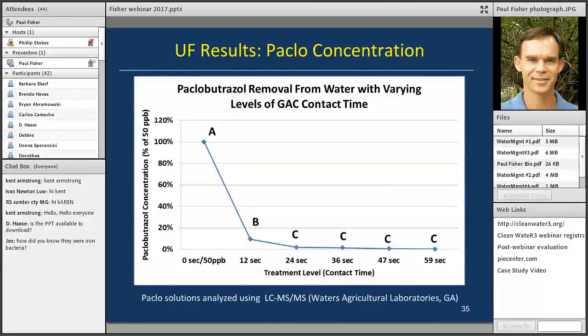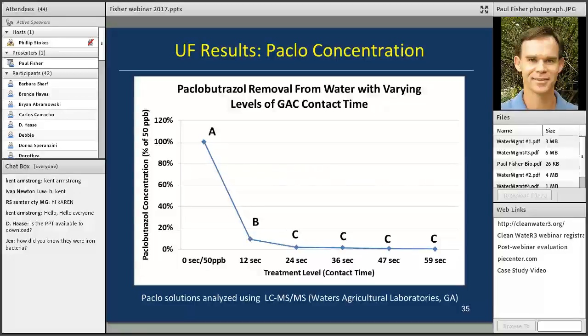Here we've got a graph with the percentage of the control in terms of Paclobutrazol concentration. We applied a solution of 50 parts per billion, and then with George's research system, he had increasing contact time as the water passed through 1, 2, 3, 4, 5 filters.